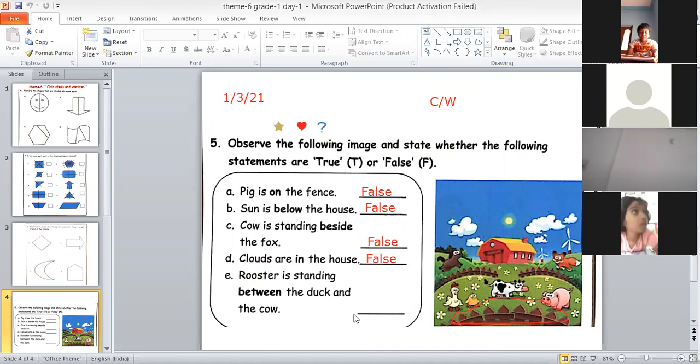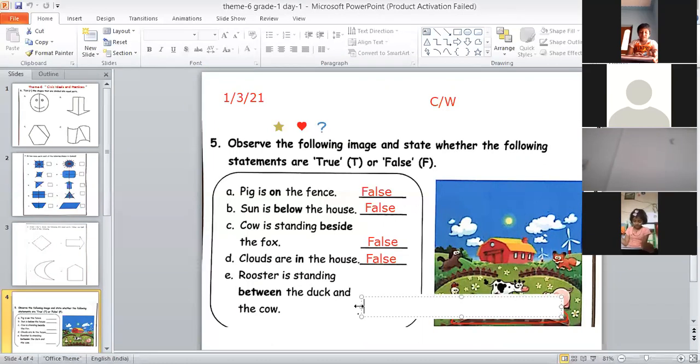Ma'am, true. Yes. So this statement is true. Now you gave the correct answer, Ayansh. Very good. So the last statement will be true. Please write the correct spelling, children. T-R-U-E. True. Because the rooster is actually between the cow and the duck.